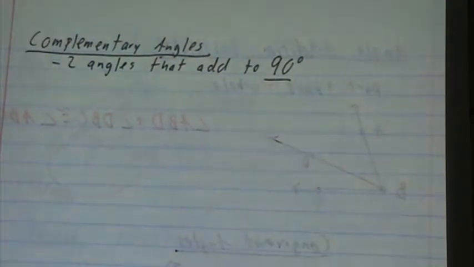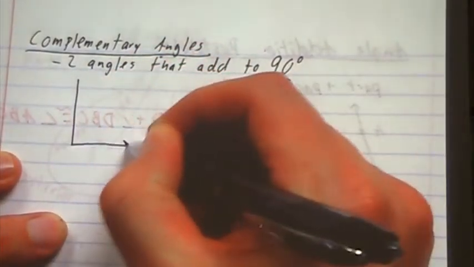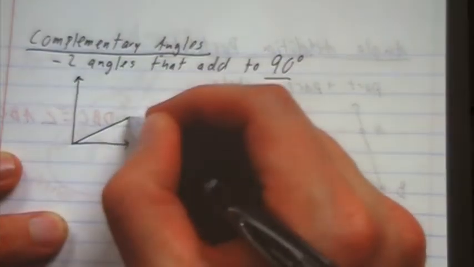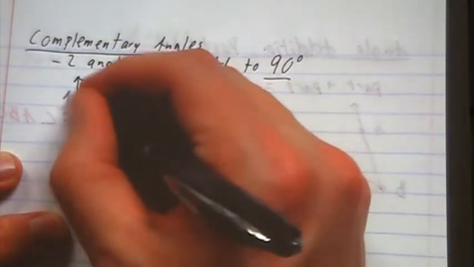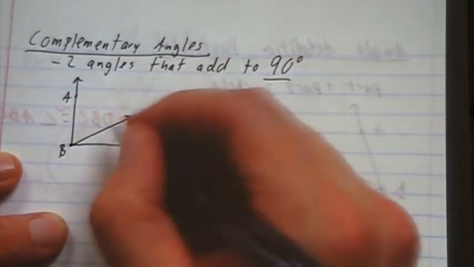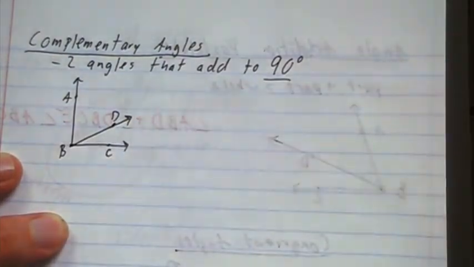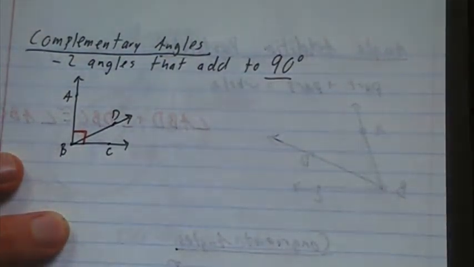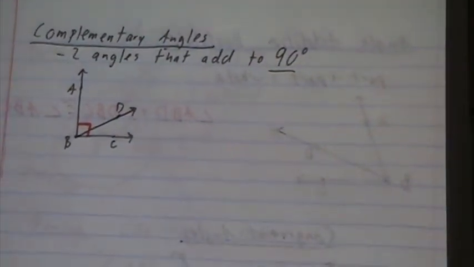Remember, 90 degrees is a right angle, so these guys are going to be making an L when you combine them. Keyword, when you combine them. So you might have something like this. You might have a 90 in the corner and say, oh yeah, those guys are going to be complementary because they add to 90 degrees.